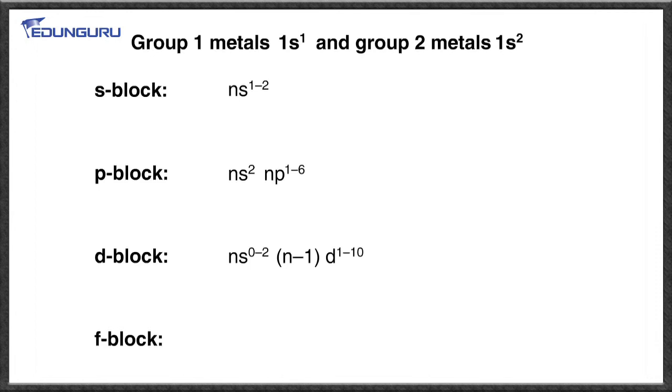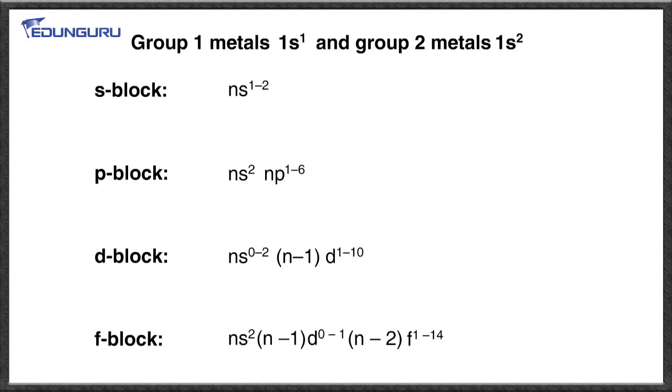In a similar way, for the f block elements, the general electronic configuration is ns2, (n minus 1) d0 to 1, and (n minus 2) f1 to 14.